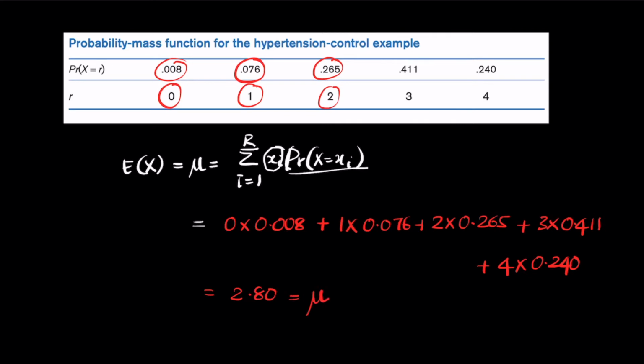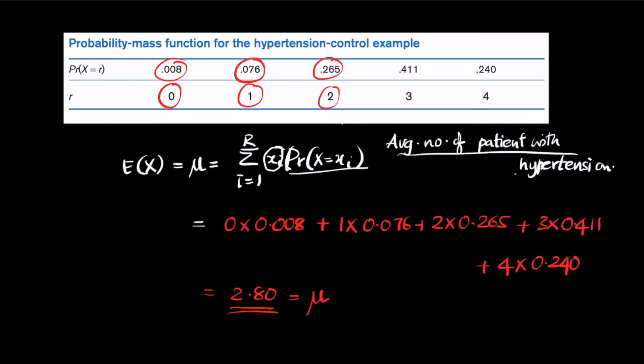So 2.80 is mu. So here, what does the 2.80 actually represent? It represents the average number of patients with hypertension. It does not show you the average probability, but it actually shows you the average number of patients that are going to end up having hypertension.